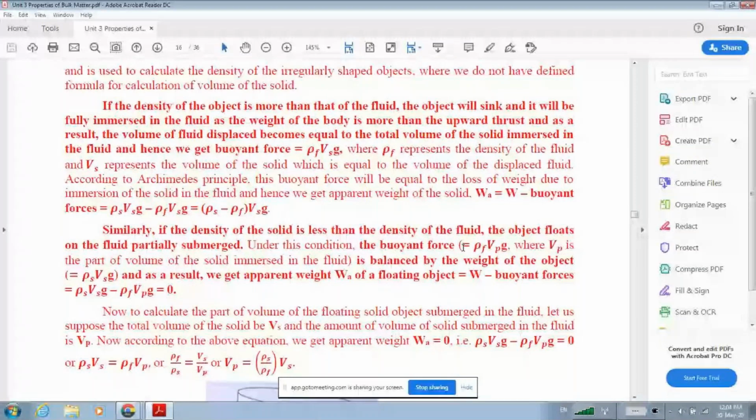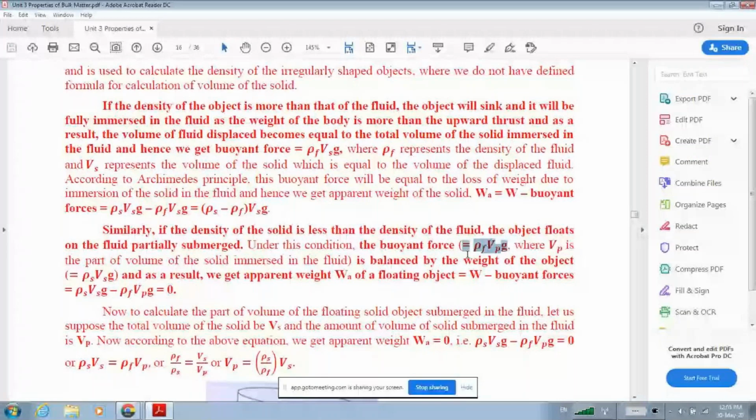If we imagine Vp portion of the volume is immersed in the liquid and the remaining part is floating on the upper surface of the liquid. So then buoyant force is given by, buoyant force is always equal to the weight of the displaced fluid. Buoyant force is equal to the weight of the displaced fluid.